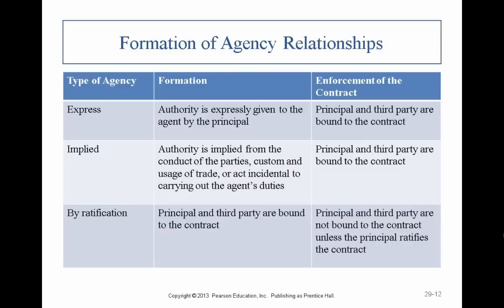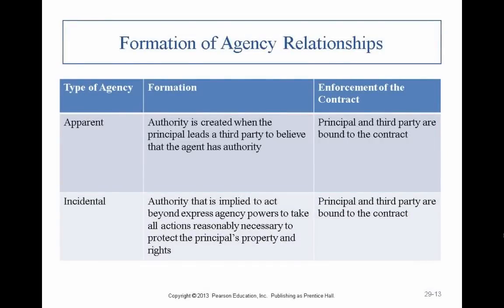And I say, well, technically, I didn't authorize this, but I am so glad. What's another $100,000? Chump change. I agree, right? I'm ratifying. And so an agency could also be formed after the fact by agreeing to something that was technically outside of the agency relationship. So again, different ways in which an agent can bind a principal.